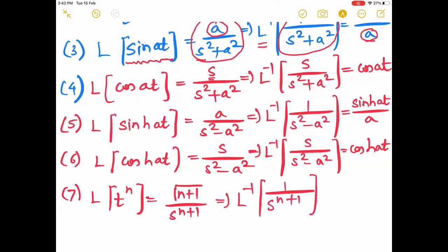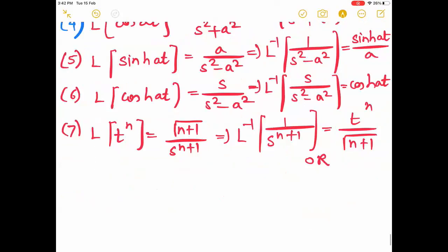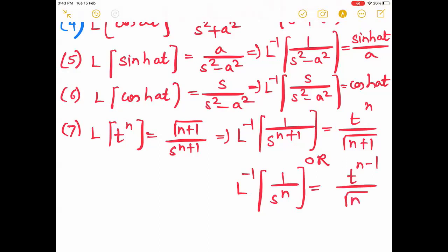So s raised to n plus 1 gives the answer t raised to n upon gamma of n plus 1. Or, generally any power of s will be there, so we can write the answer for s raised to n as t raised to n minus 1 upon gamma n. Is it understood?